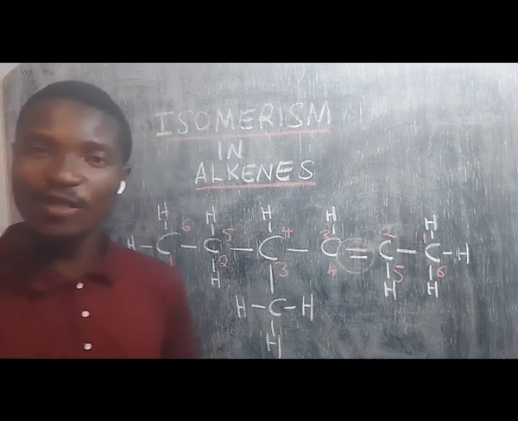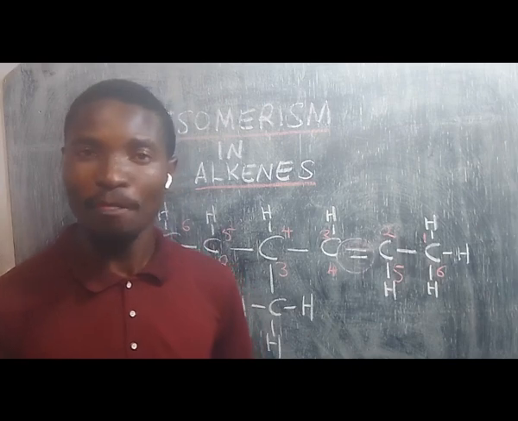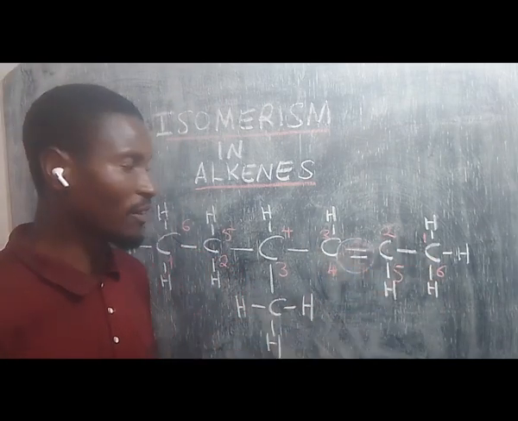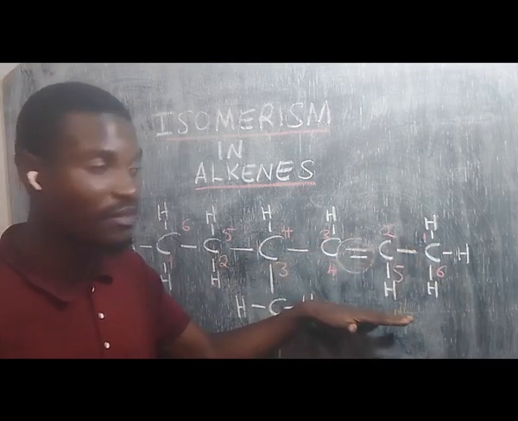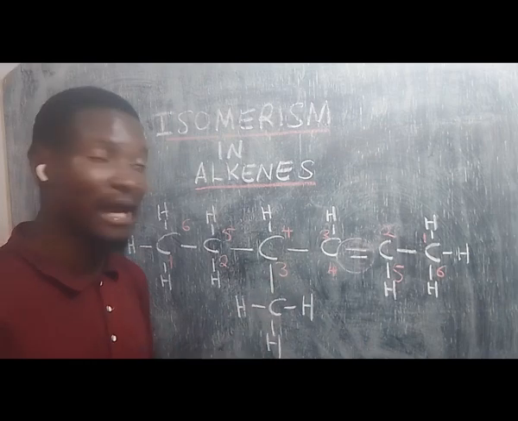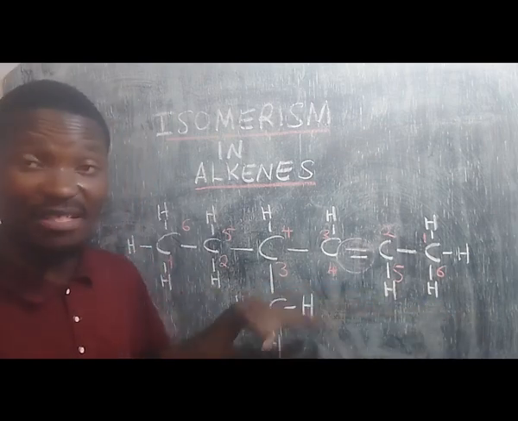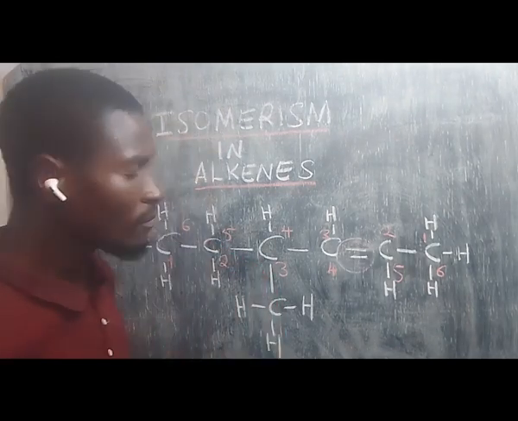So now this tells me the shortest possible number, the kind of numbering I'm going to use: the top numbering gives me the correct numbering in order to reach the position of the double bond, while the bottom numbering system gives me the incorrect numbering.